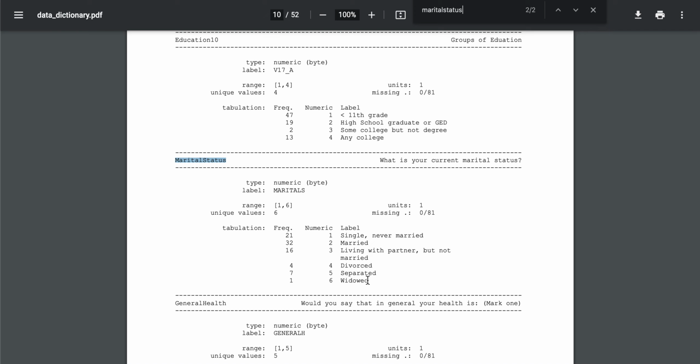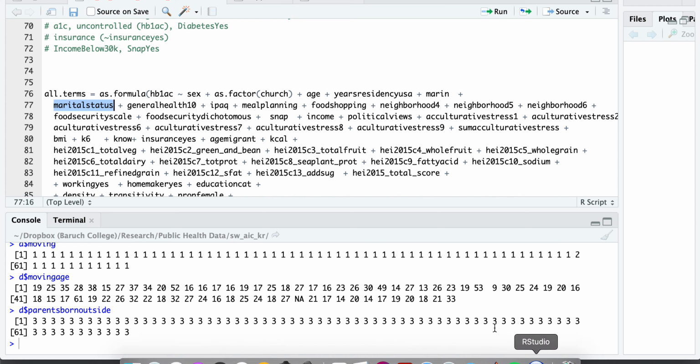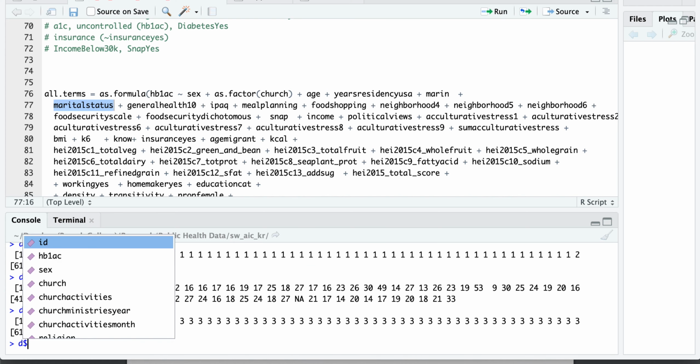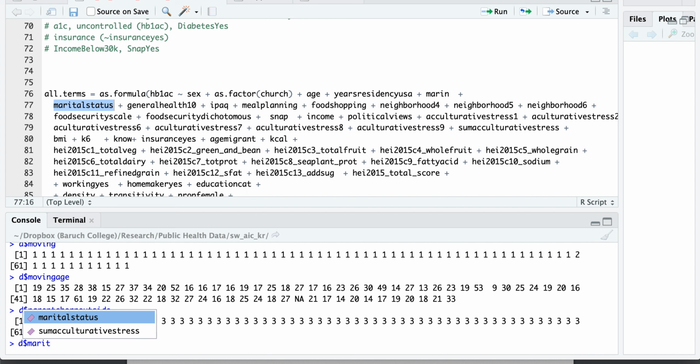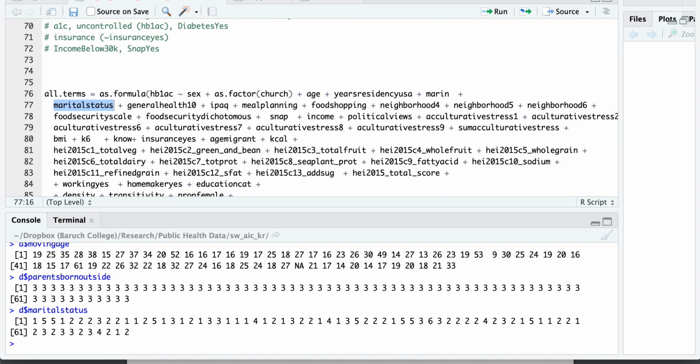Okay, and you see we have one observation here: widowed, separated, divorced, and we have one observation here. So let's look at this: the marital status.